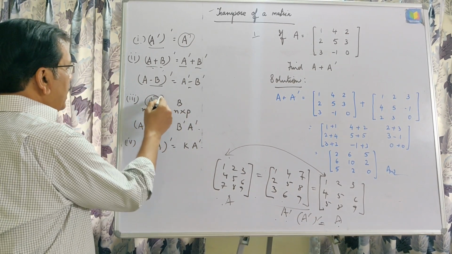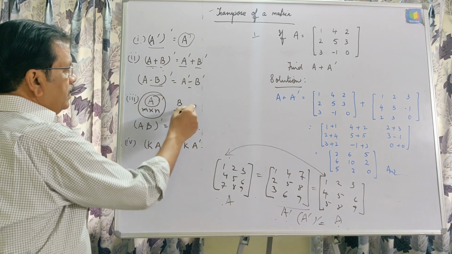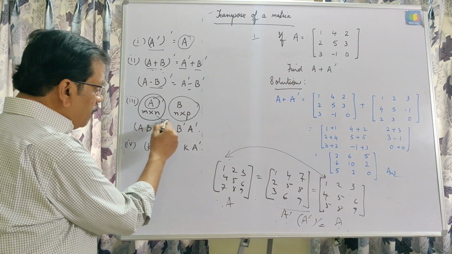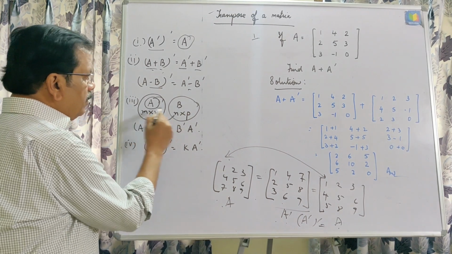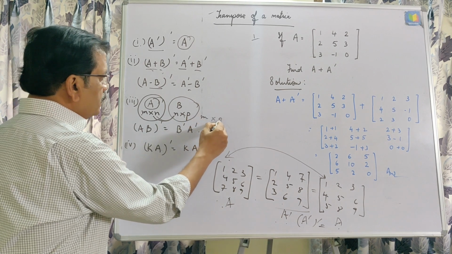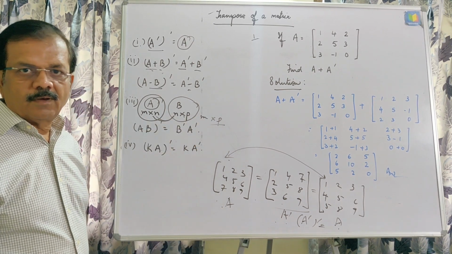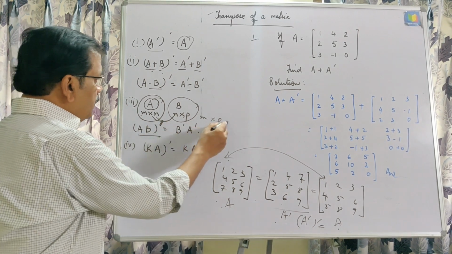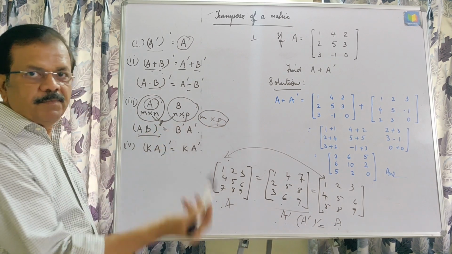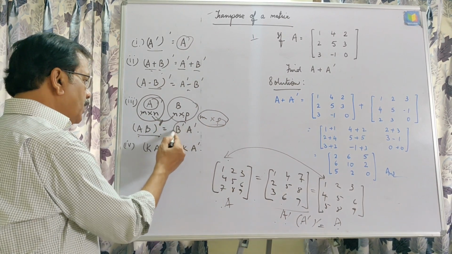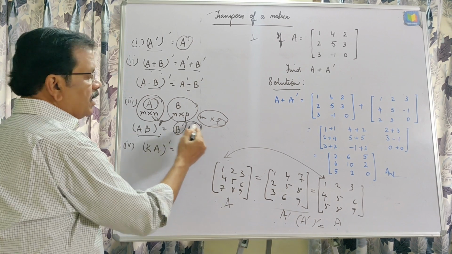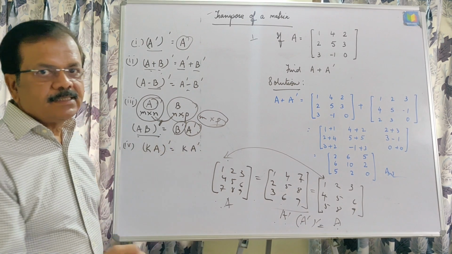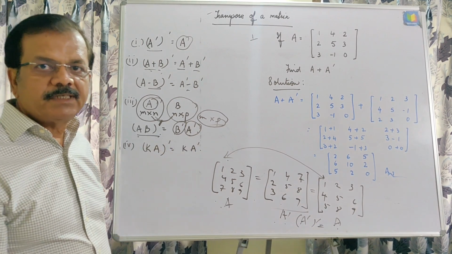And third, let any matrix A be of order m cross n, and another matrix B be of order n cross p. If we multiply, since the inner orders are equal, the order will be m cross p. But if we write the transpose of this multiplication, it will be the same as the transpose of the second multiplied by the transpose of the first, that is, it is not the same as A transpose B transpose.